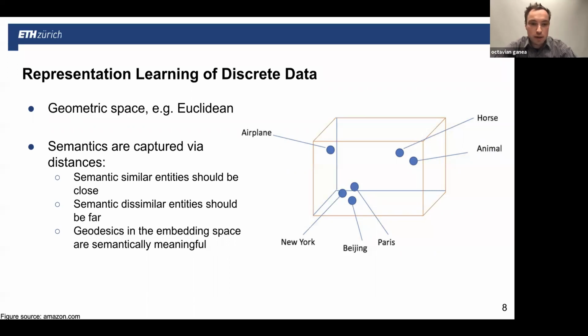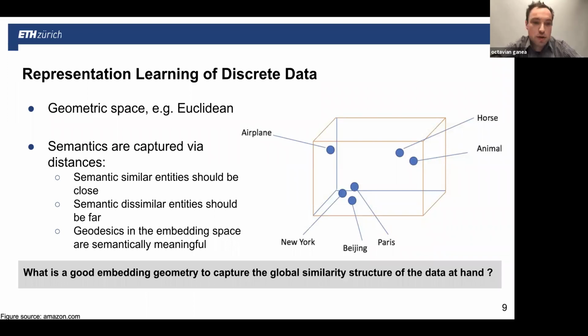And last but not least, maybe we want geodesics, or what we know as straight lines in Euclidean space, to be semantically meaningful. One example is doing a word analogy, as you all know, like this king, queen, man, woman example that's very popular.